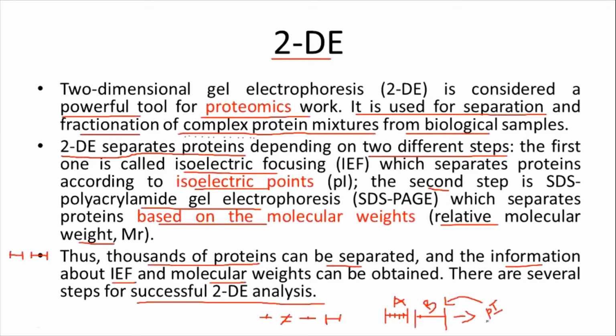So the pI is different, and the pI is determined by where the protein is present and the corresponding pH. You know very well. That's why I'm saying no proteins have the same molecular weight and the same pI. Both are inversely proportional. This is our concern. So we can separate and identify proteins successfully by 2D electrophoresis.